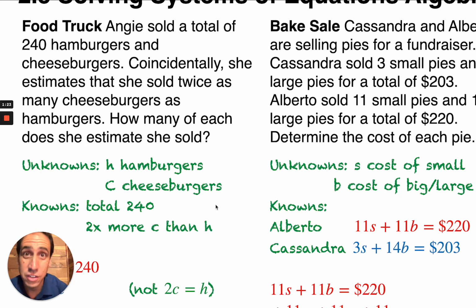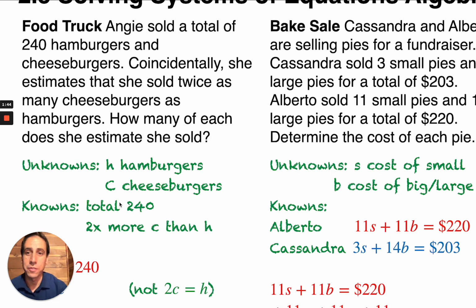Knowns. It's going to be a really common thing in these word problems that there's often just a total number of things that are sold or purchased. Find your total equation. What's the total here?